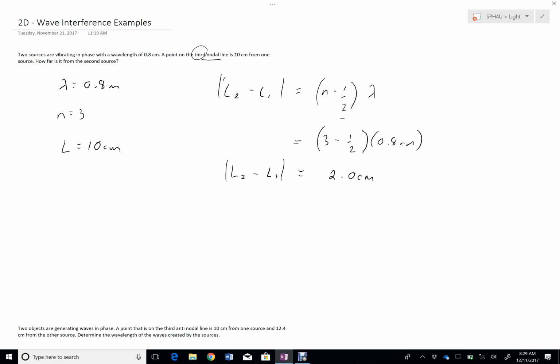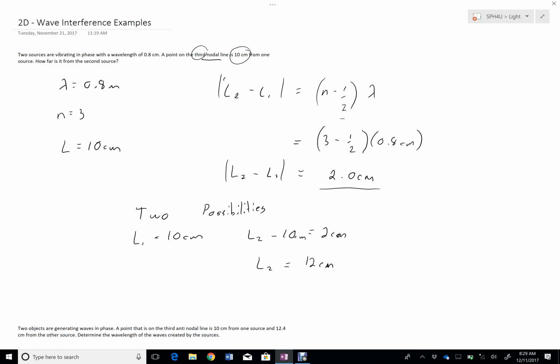Now we need to be a little bit careful here because we said it's 10 centimeters from one source and we need the difference to be 2 centimeters. So there are actually two possibilities here. If this 10 centimeters was L1, then we could say L2 minus 10 equals 2 centimeters, and say L2 is 12 centimeters.